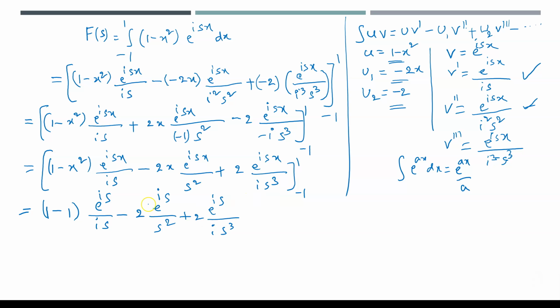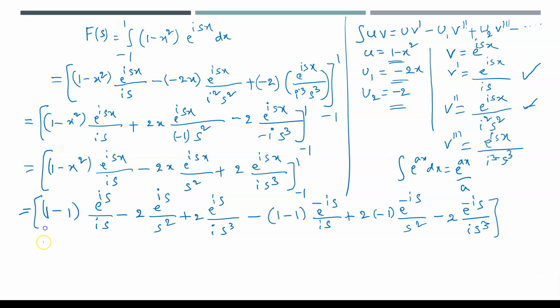Now when you apply the lower limit, the signs of these terms will change. So minus of 1 minus 1, because minus 1 whole square is plus 1 only, e power minus is upon is, plus 2 into minus 1 e power minus is upon s square, minus 2 into e power minus is upon i s cube.